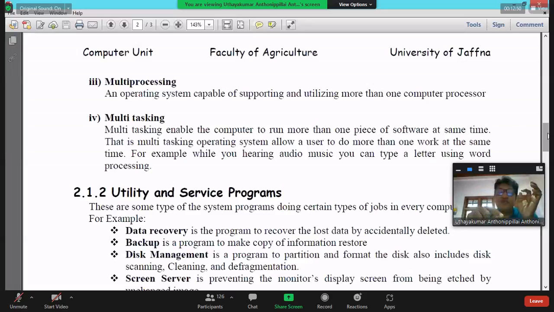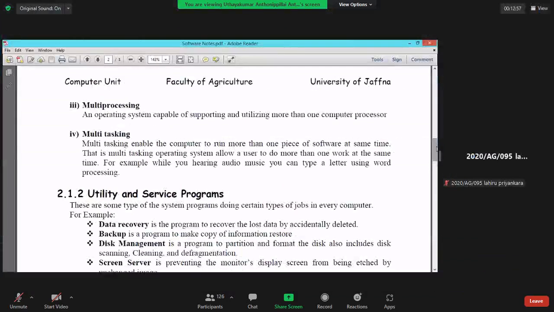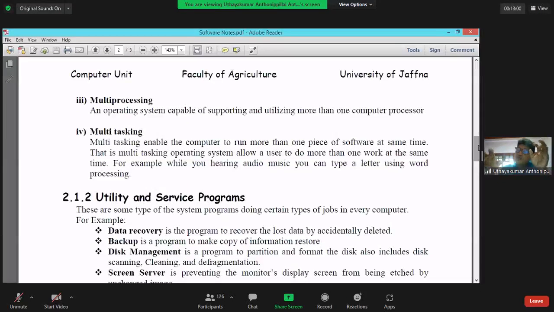That is not the case here. When we are using some server-type computer, it can have more than two processors, three or four processors. Why? The purpose is that we can use many operations simultaneously. One processor is not enough to sort out the issues. Due to that, they fit more than one processor.